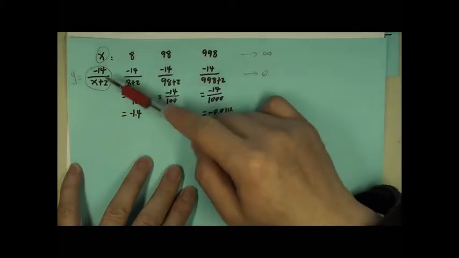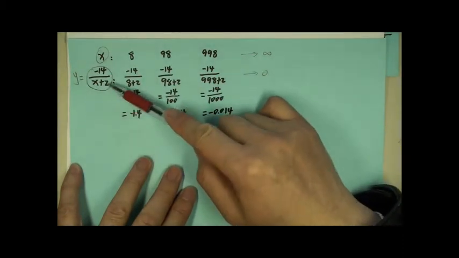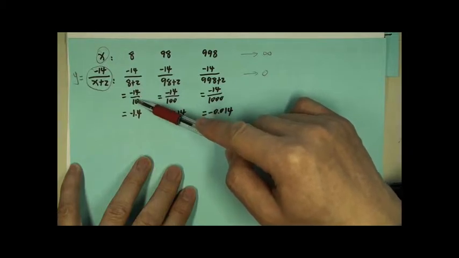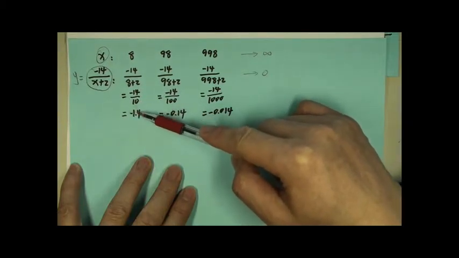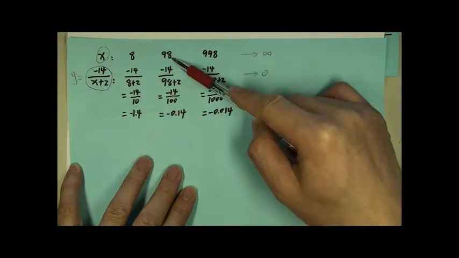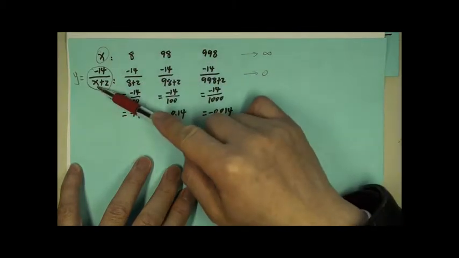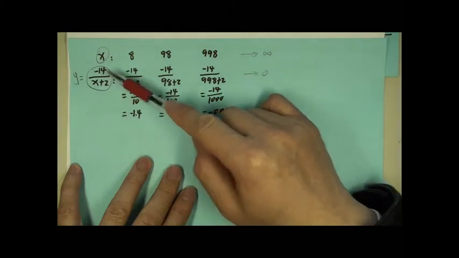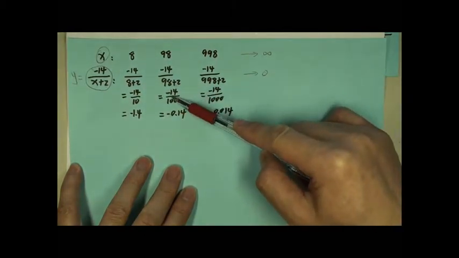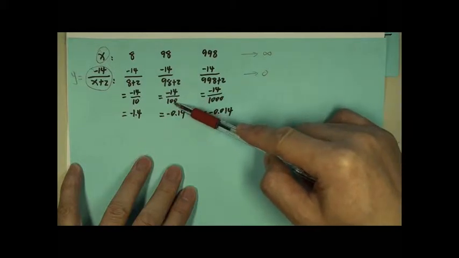Okay, you plug in 8 here, and negative 14 over 8 plus 2 is negative 14 over 10, which is negative 1.4. When x is 98, you plug in here, negative 14 over 98 plus 2, which is negative 14 over 100.